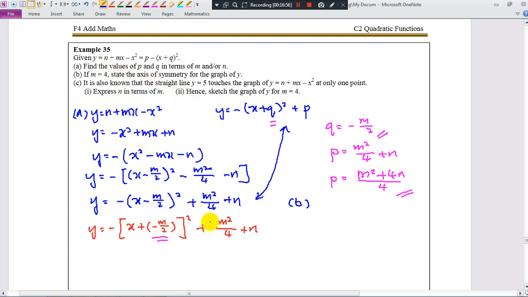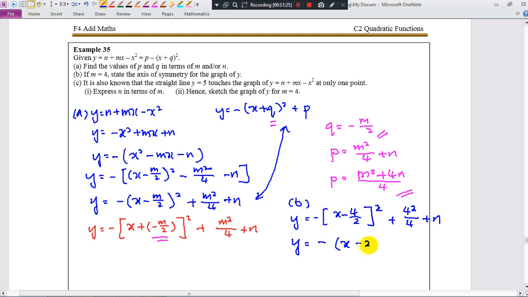I put in 4 here. Okay, I just use this one, easier. Minus 4 over 2 plus 4 squared over 4 plus n.